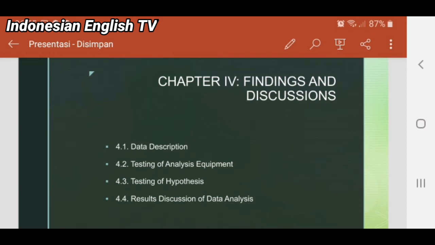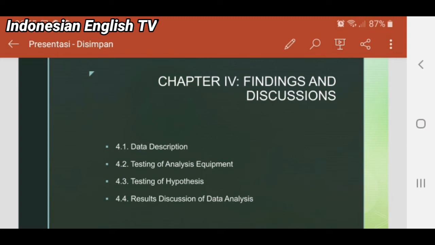And number 3, you have testing of hypothesis. As qualitative research may have a hypothesis, if you have a hypothesis, you have to write also how to test the hypothesis you had in the previous chapter, if you wrote it. But if you don't have a hypothesis, of course, number 3, testing of hypothesis, you don't need to write.